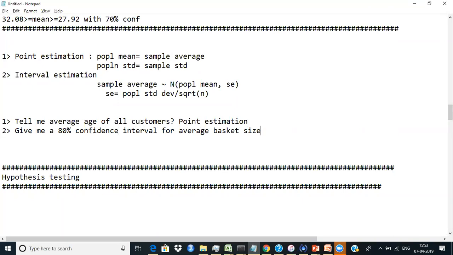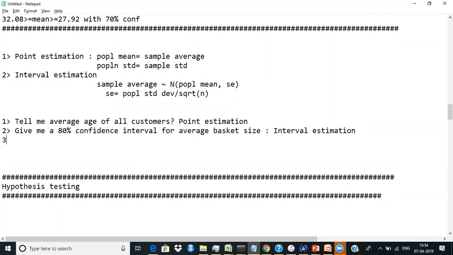Basket size basically means how much money a typical customer spends on a single trip. So give me an 80% confidence interval for the average basket size. What kind of estimation will that be? Interval. Third question.